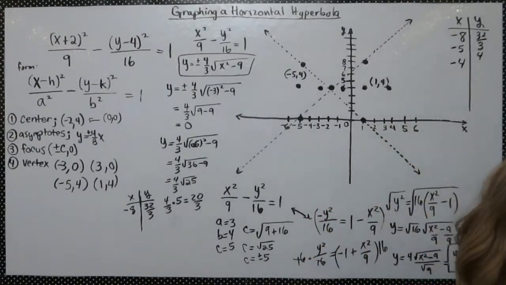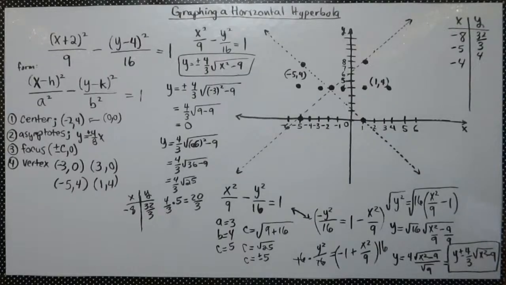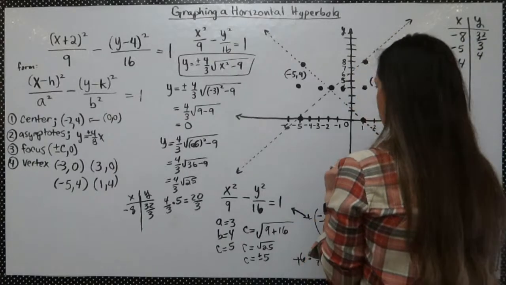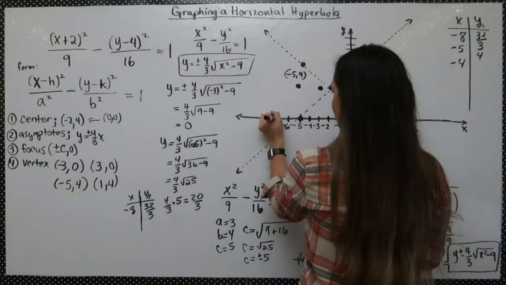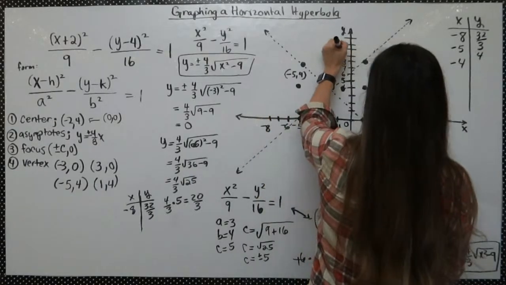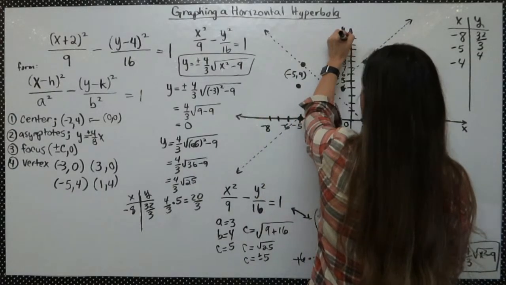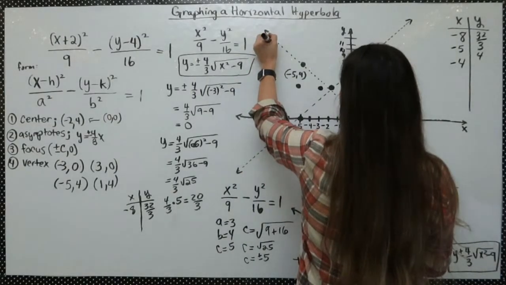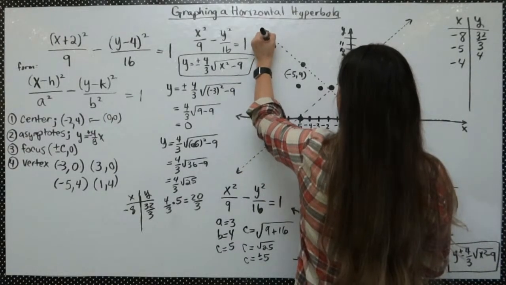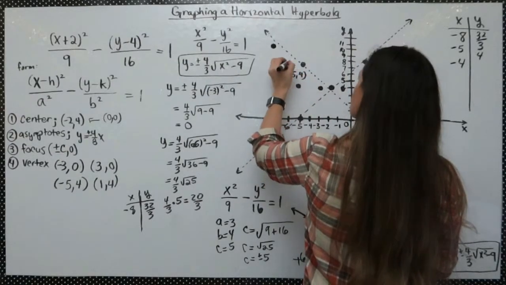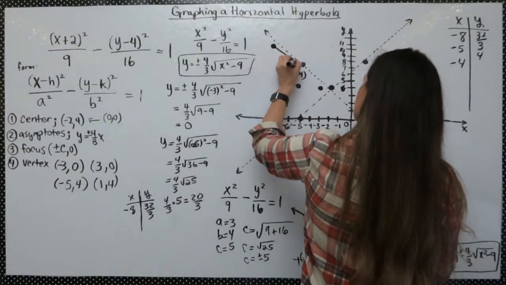It says it's about 10.6. So -8 and 8, 9, 10. So it's saying -8 is on there. So it looks like what's going on.